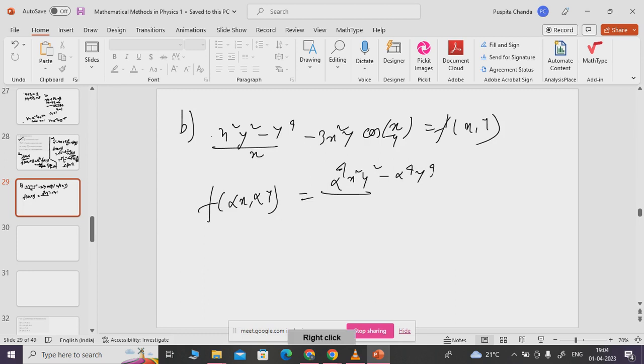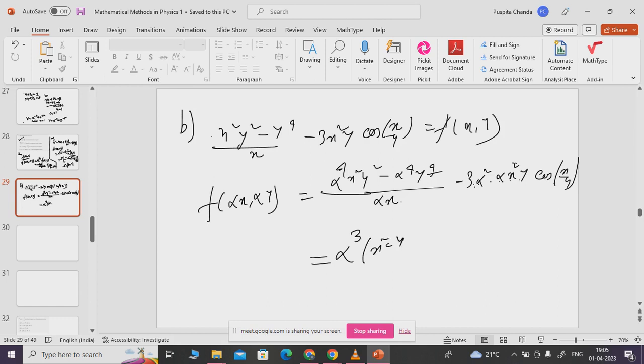So alpha x, alpha y will be alpha to the power 4 x square y square minus alpha to the power 4 y to the power 4 by alpha x minus 3 into alpha square x square times alpha y, and this term will be x by y because alpha x by alpha y, alpha will cancel out.